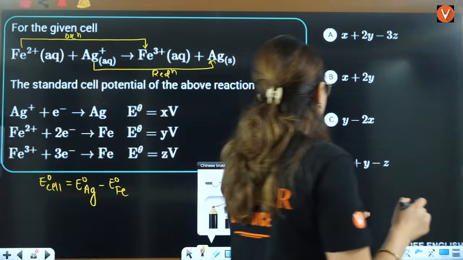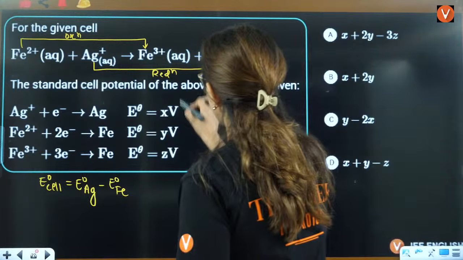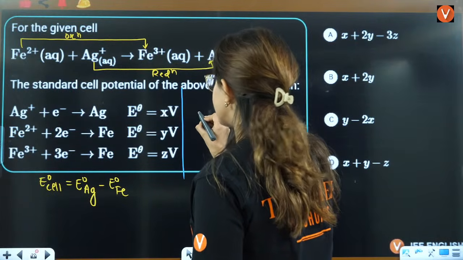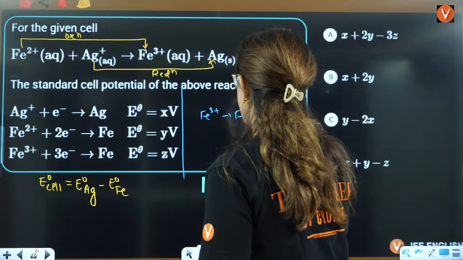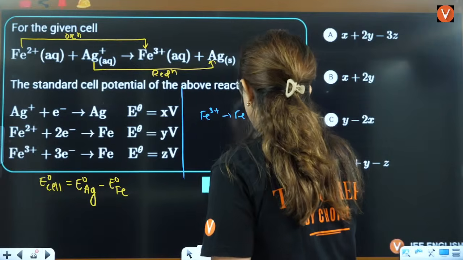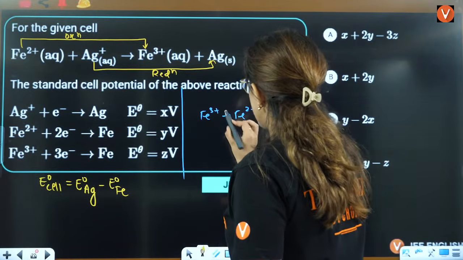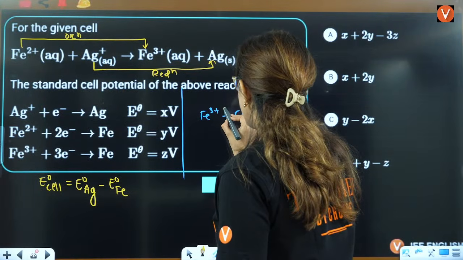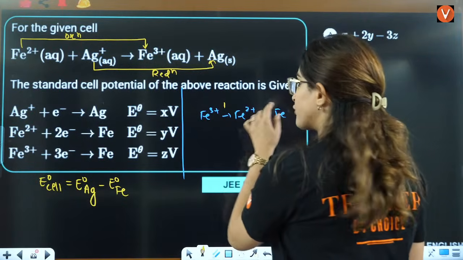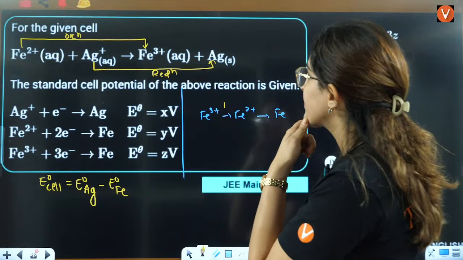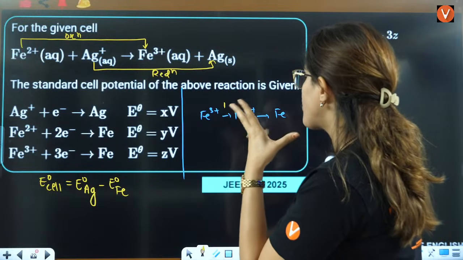Now for Ag, what will you do? Simple thing I'll do here: this is Fe 3 positive to Fe 2 positive, and Fe 2 positive to Fe. N is given to be 1 for Fe 3 positive to Fe 2 positive.